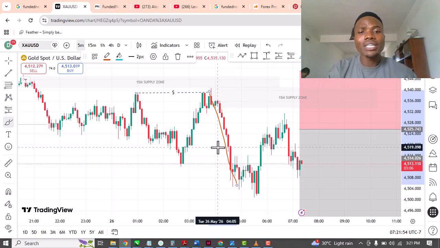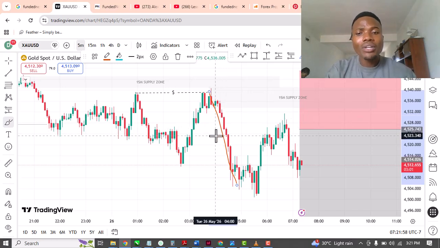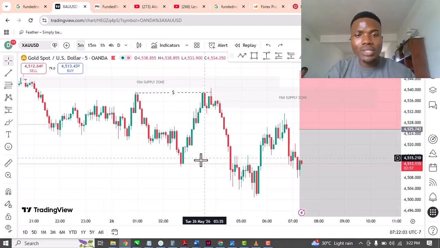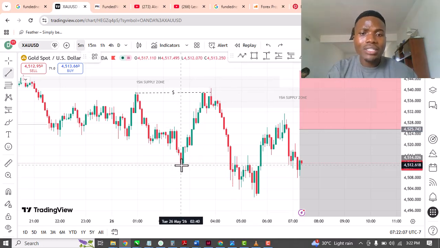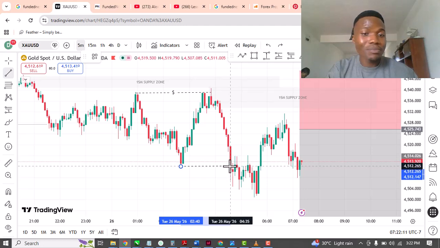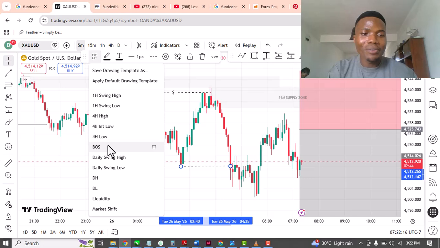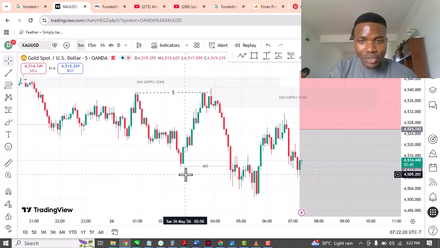So when I say that liquidity has done its job, what do I have to do? After liquidity played its role, there is another 5 minutes break of structure. This is when I started to say, wow, price is reacting the way I envisioned it to be.